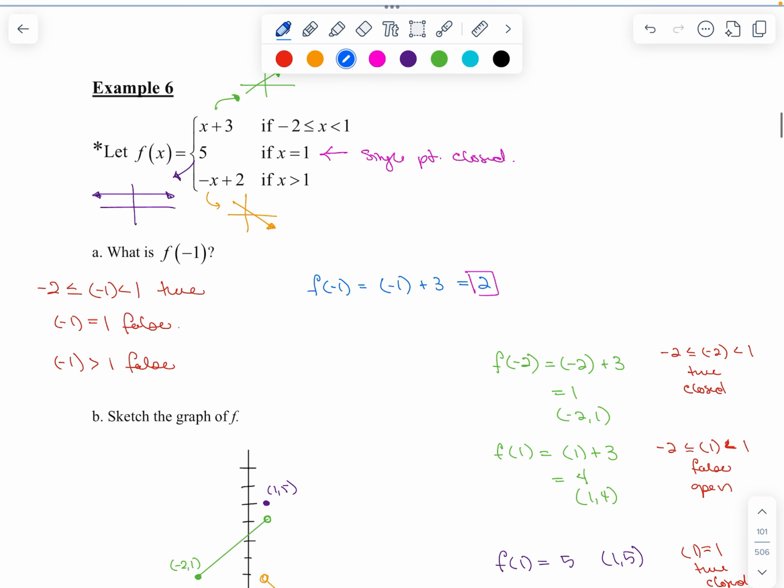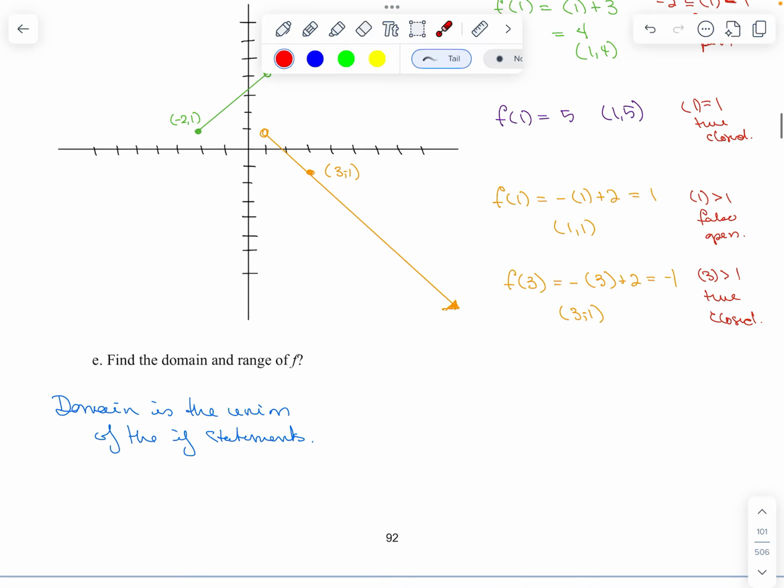So I have from negative 2 up to 1, not including. Then I include 1. So now I'm going from negative 2 to 1. And now it says for anything greater than 1. So that means I'm going to go from negative 2 to anything greater than negative 2. Right? And so that's what it is. It's going to be anything greater than negative 2.